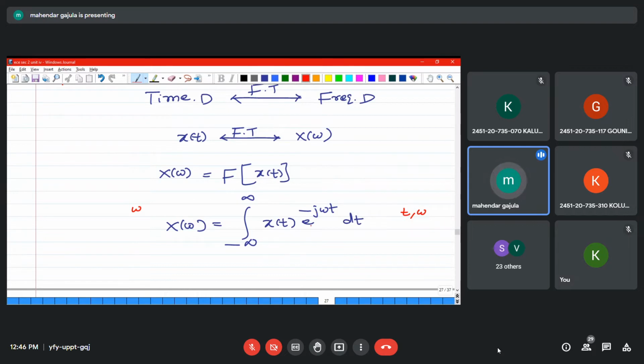In place of t we can write u also, or k also. In place of t some other parameter can be there, but the structure does not change. So this is the Fourier transform formula.